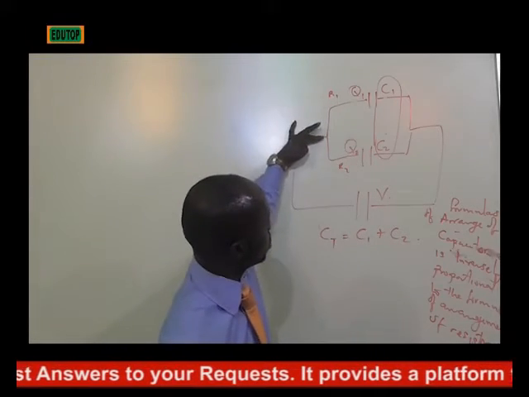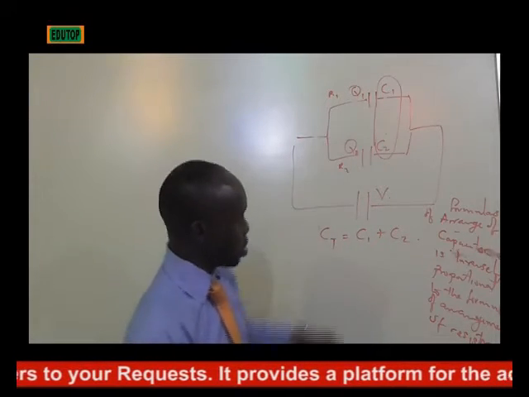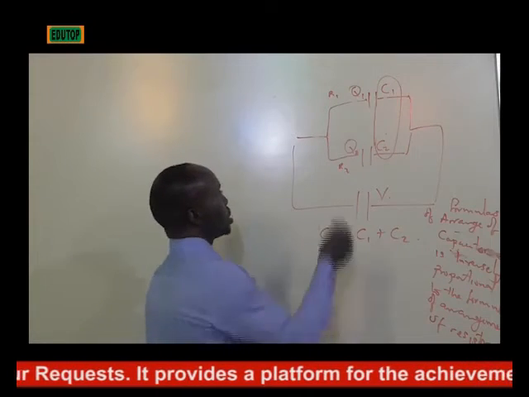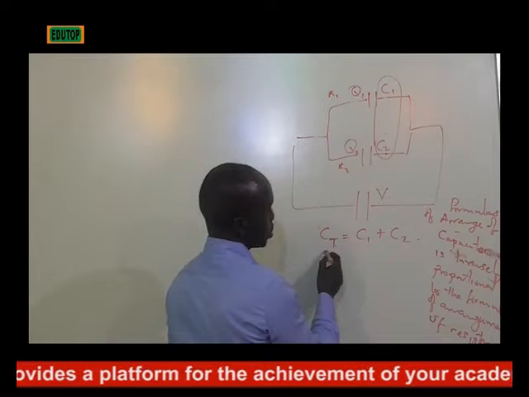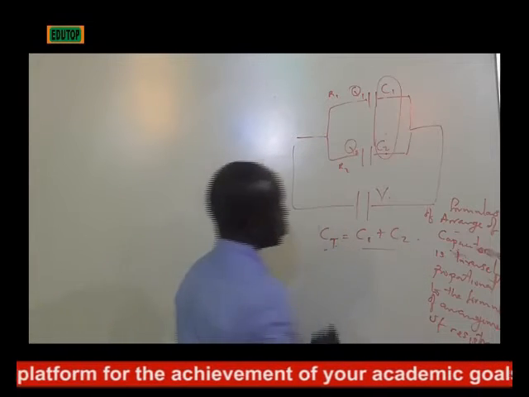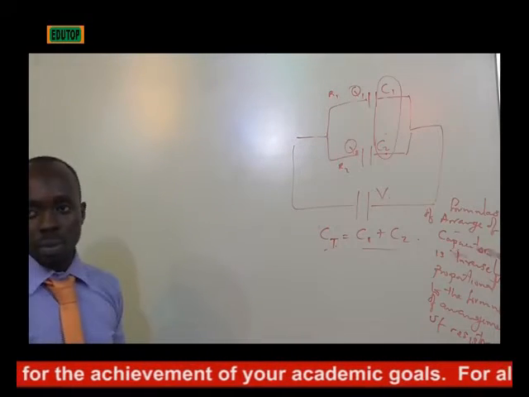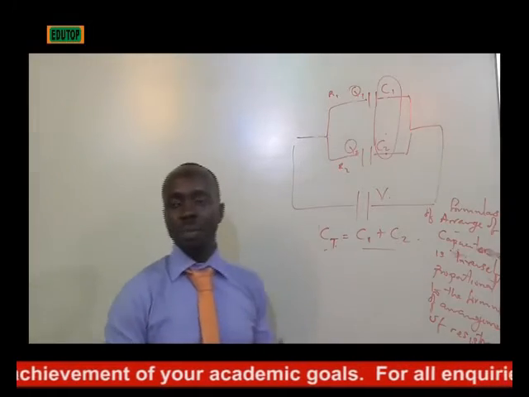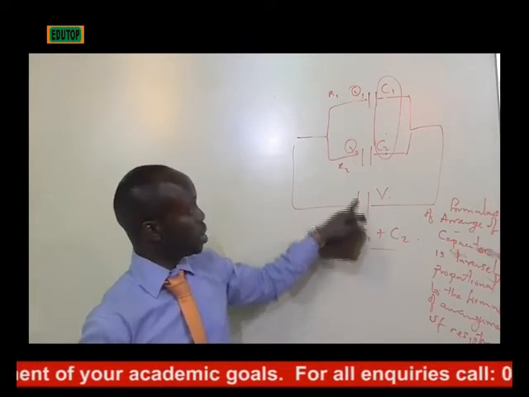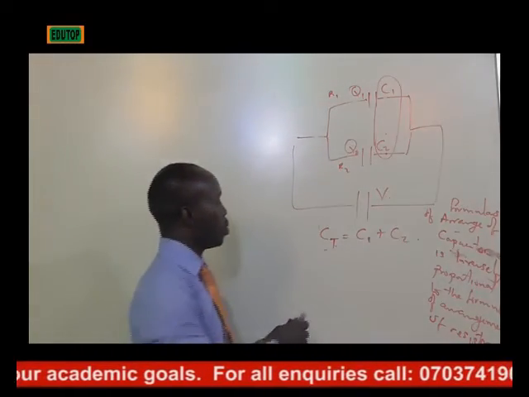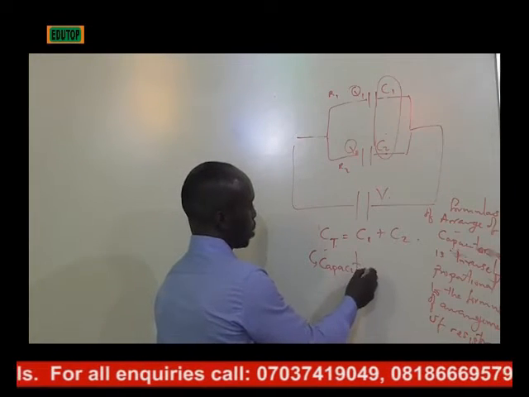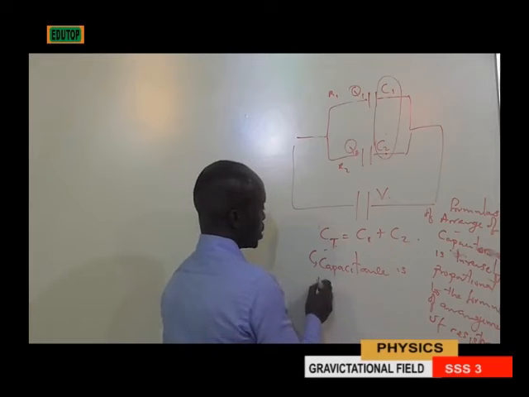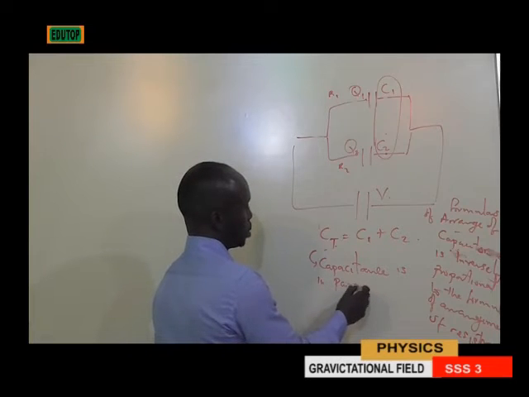When you get to this place, there is the same potential difference across this circuit. So automatically, your total capacitance will just be the addition of C1 plus C2. You get? Now, this particular formula is majorly used when your capacitance is in parallel.